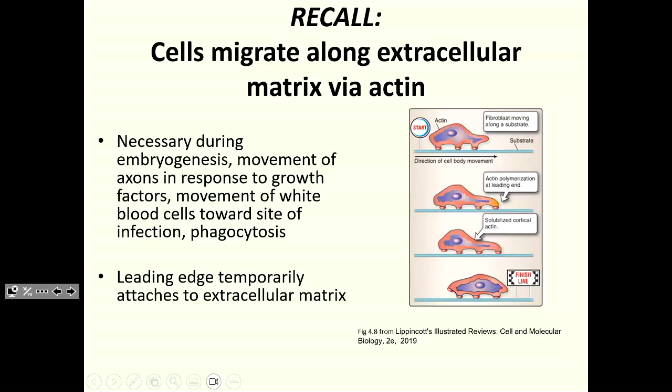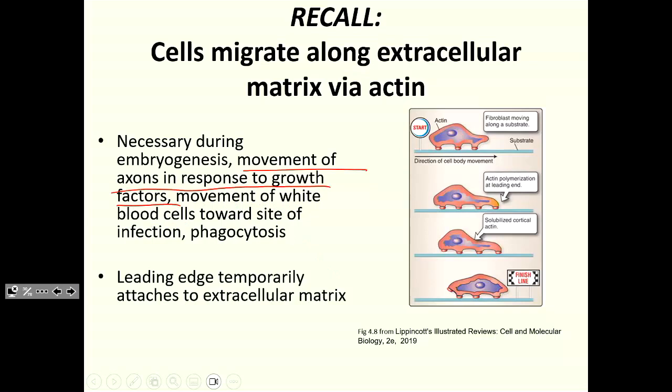Do I want to go here? Do I want to go there? Oh, that one is sending me a message saying, come. So I'm going to grow towards whatever that trophic factor is. So it's saying that this is important in the movement of those towards growth factors. I mentioned the example of the white blood cells, and we talked about phagocytosis earlier.